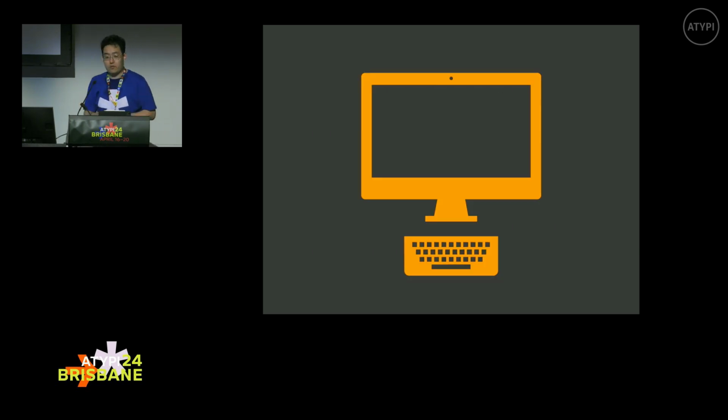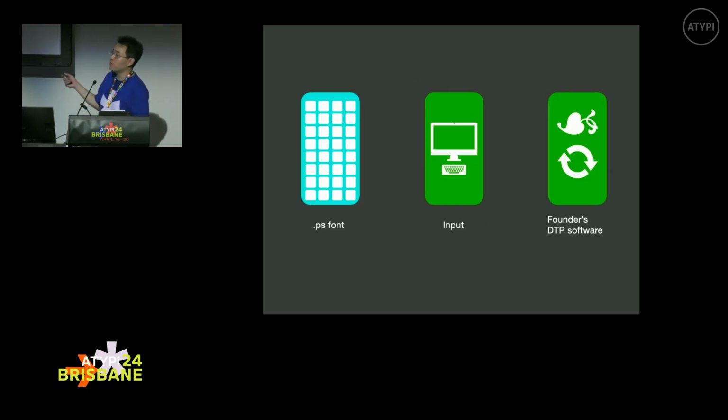And we don't have the list. We invent the input method to tell people who is who and how to type the letters. So we will make a specific keyboard for this. And we have the engine to process all the information that we input. And we are using this workflow: PS font, input, and Founder's desktop publishing software.